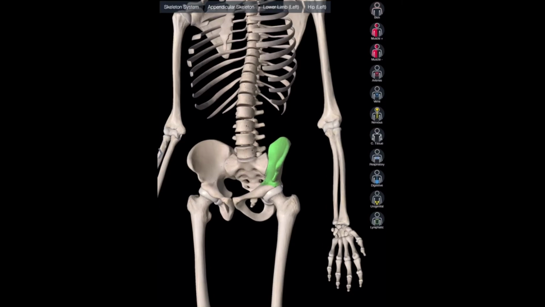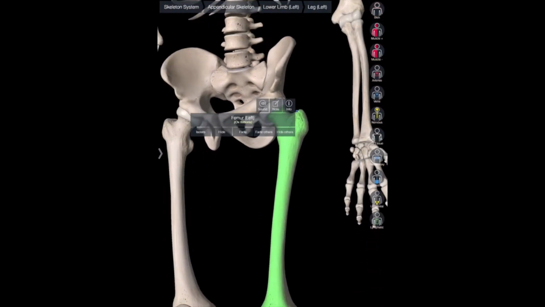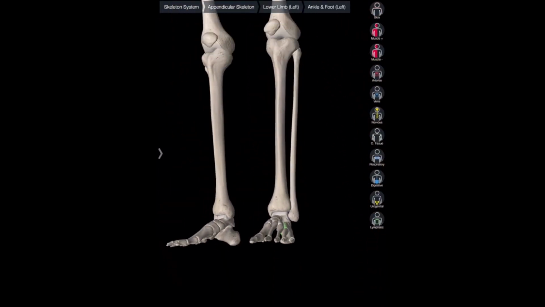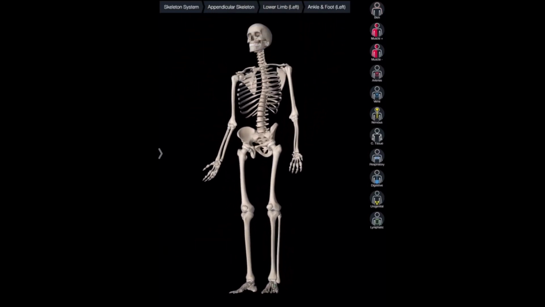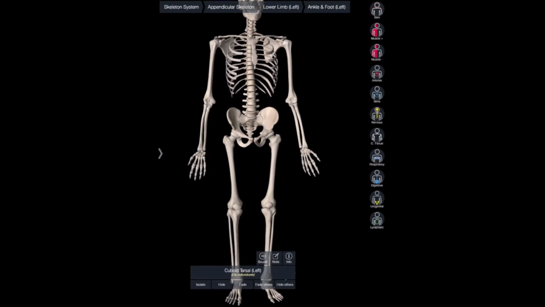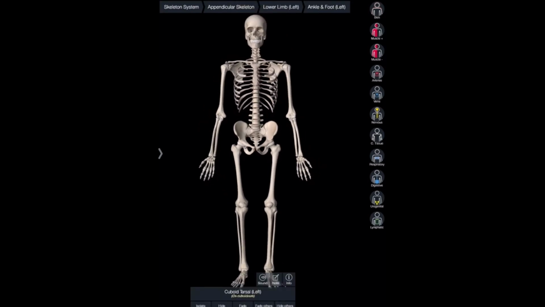And then we also have the pelvic girdle, which is the coxal bone, which is those three bones, plus the lower extremity, all the way down to the foot. That's the appendicular skeleton. So the shoulder girdle and upper extremity, the pelvic girdle and lower extremity make up the appendicular skeleton.